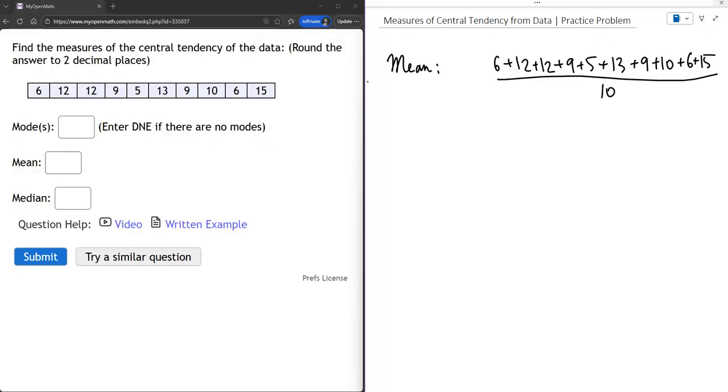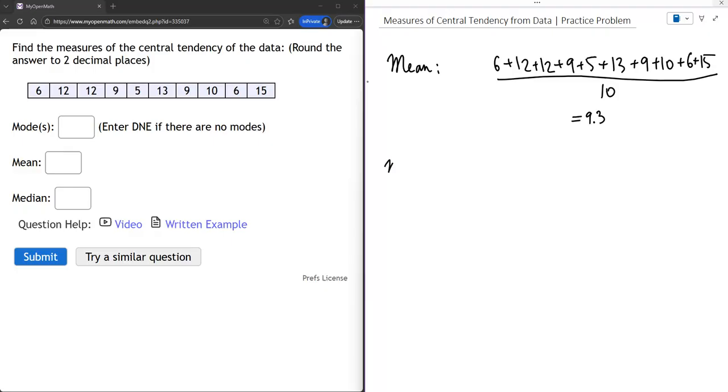At least dividing would be easy. 6 plus 12 is 18, 18 plus 12 is 30, 39, 44, 57, 62, 72, 78, 93. So we divide 93 by 10 and we get 9.3.